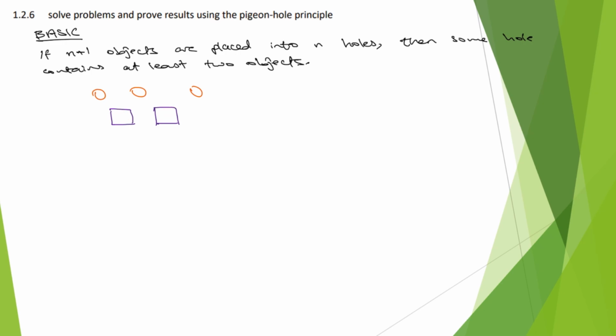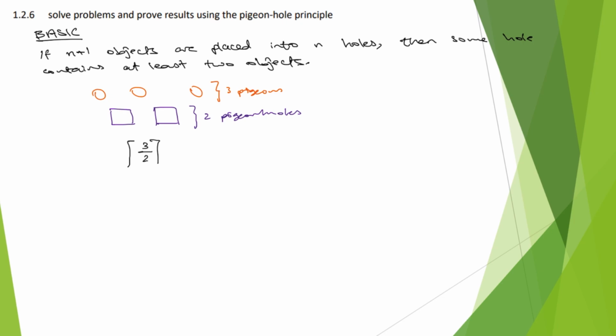Alternatively, the way I can consider it is I can say I have 3 pigeons and I have 2 pigeonholes. Now, the number of pigeons I have in one pigeonhole in the worst case scenario will be given by the ceiling of the pigeons divided by the number of pigeonholes.